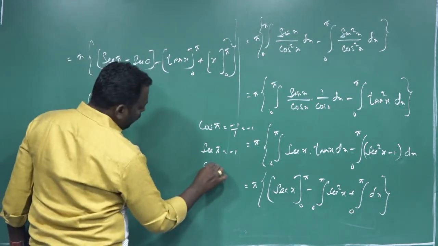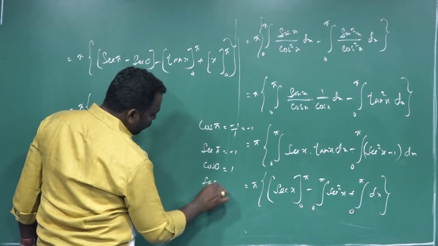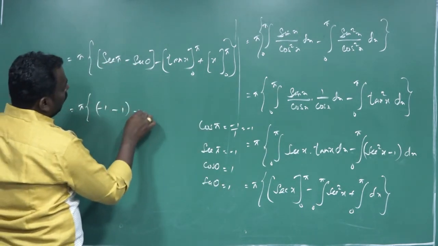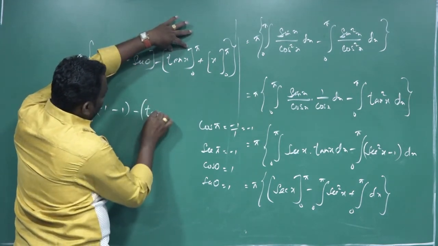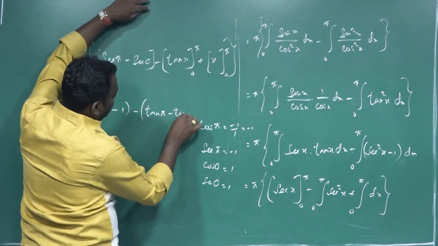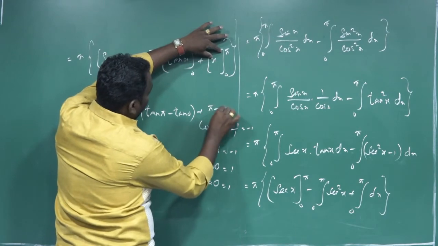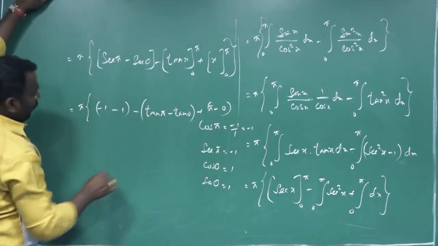Then, applying the limits, tan x at pi minus tan x at 0, then plus the upper limit pi minus the lower limit 0.